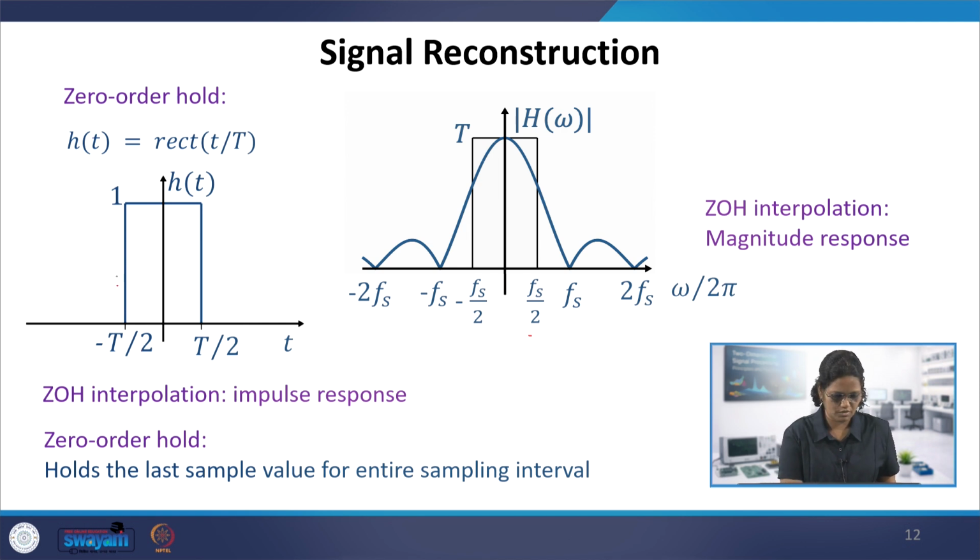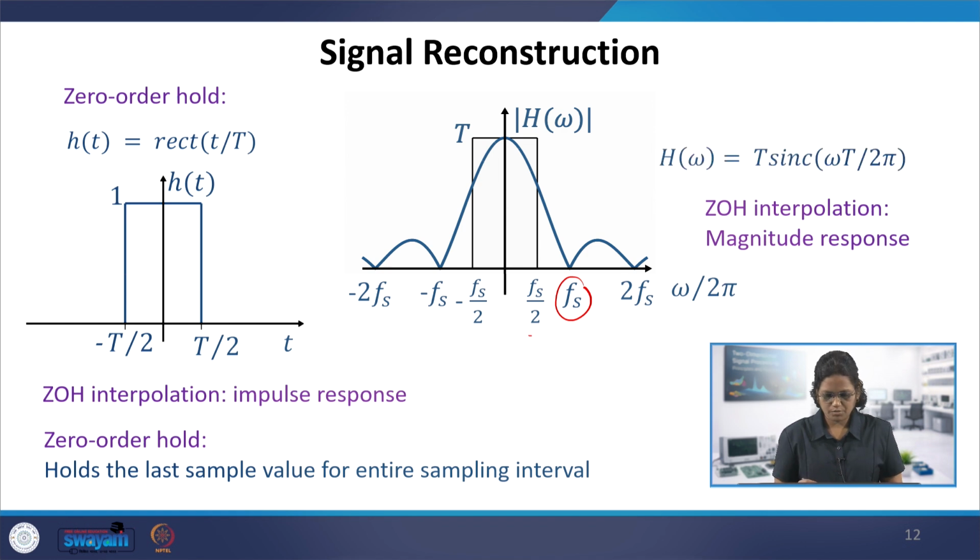The response need not be known in detail. The rectangular function's Fourier transform is a sinc function. This won't be of much use to learn what the ZOH is, but the impulse response could help us visualize the reconstruction process.